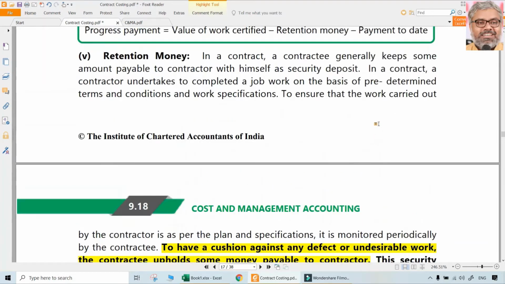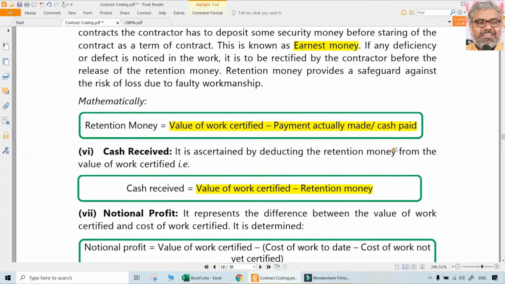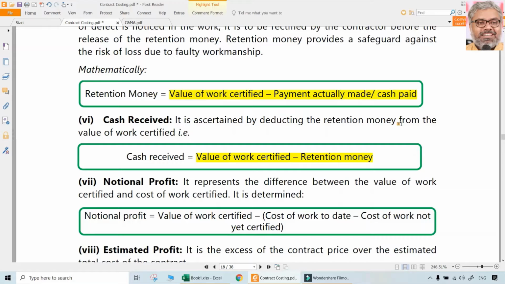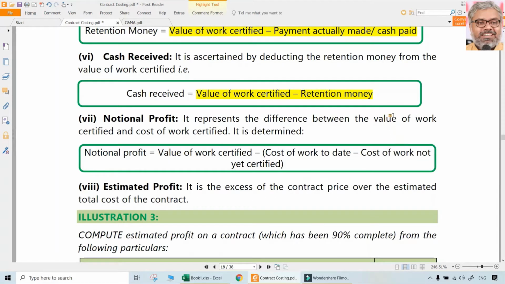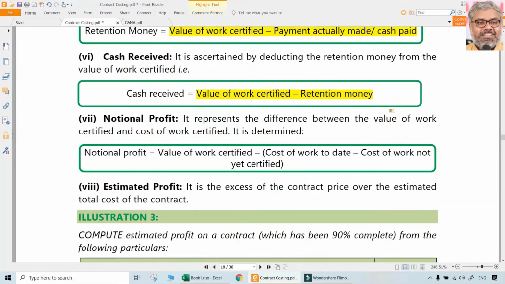For the work which we have done but not certified, there is no obligation on the contractee. We incurred the cost, but that will not be received now. In future, whether it is received or not is a different story. So cash receivable now will depend upon the value of the work certified only, minus any retention money. That will be reduced, and the remainder will be paid to the contractor. That means we will receive that money as contractor.